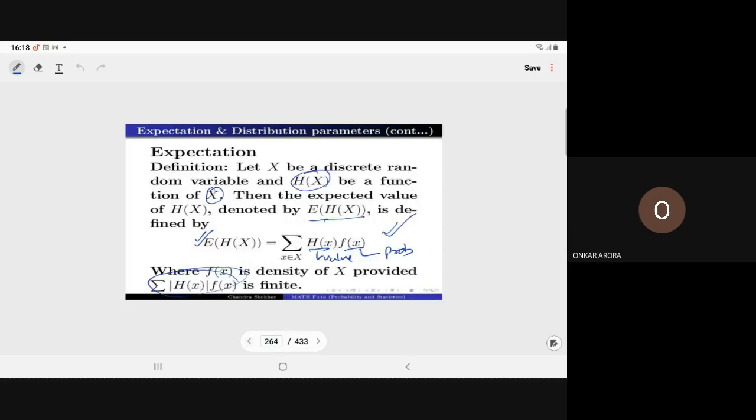Just the existence of this summation is not enough. If this is existing and this is not existing, then we say it is not an expectation. For the existence of the expectation, it is mandatory for both the summations to exist. Then only we say it is the expectation.